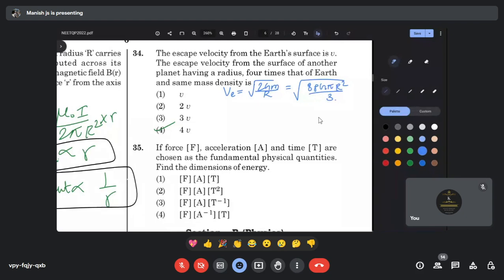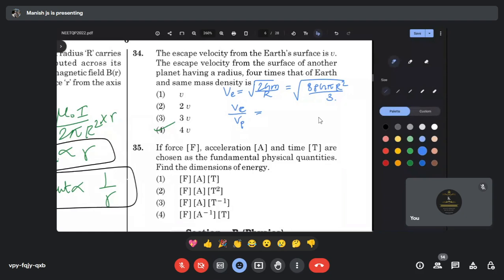So the escape velocity of the first planet with respect to the second planet, Earth's surface with respect to the other planet. So v1, or you can say Ve for Earth. So you can take it that way. The escape velocity of the Earth with respect to the escape velocity of the planet is equal to the ratio of the radius of both the planets.